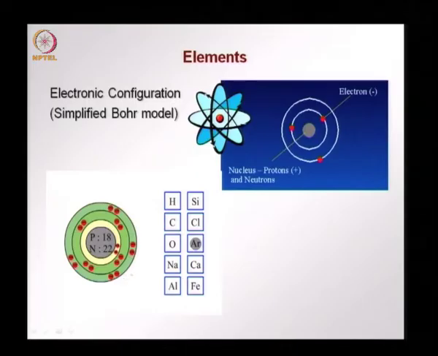called the octet configuration. And when an atom has 8 electrons in the outer shell, the octet configuration, we consider it to be stable, that it does not need to bond with any other atom to become stable.